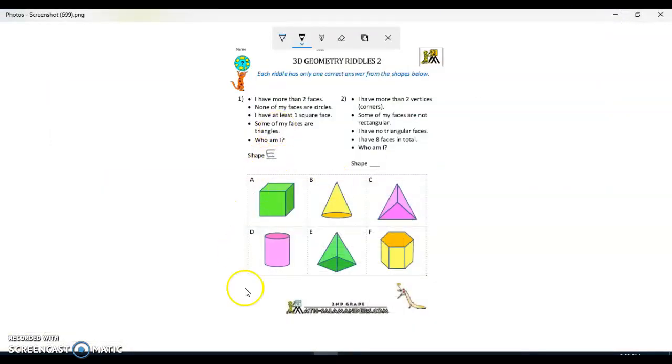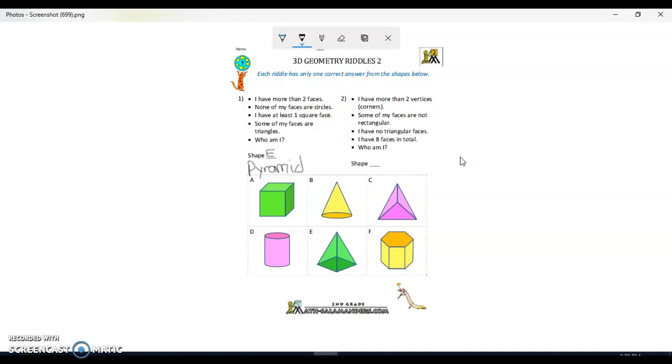So here we're going to put pyramid. Pyramid. Now the next one you are going to do on your own.